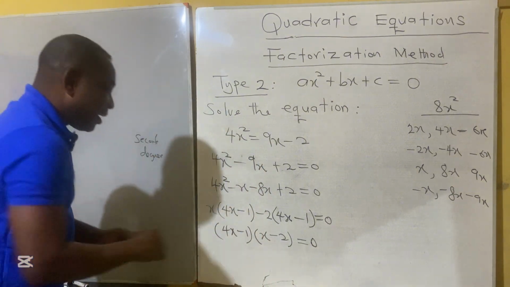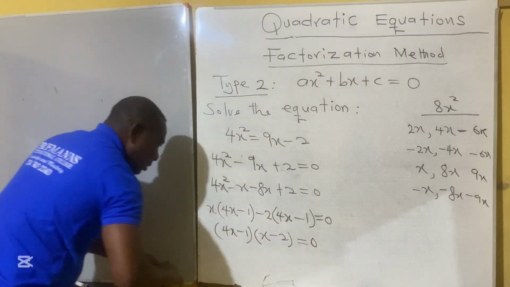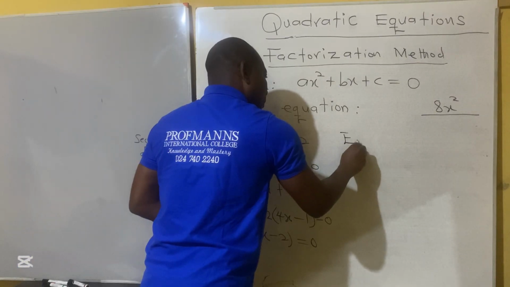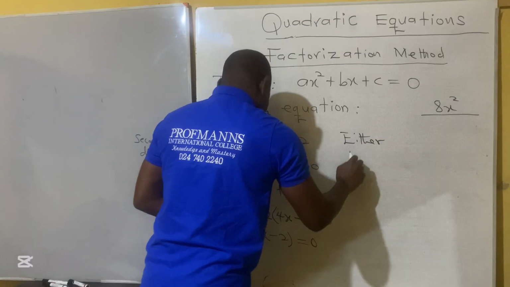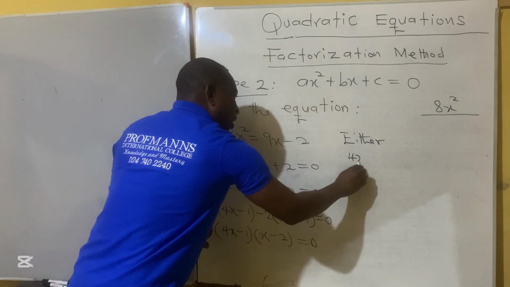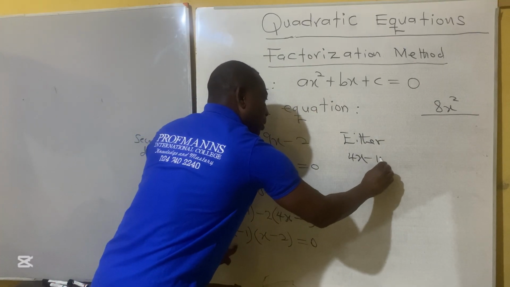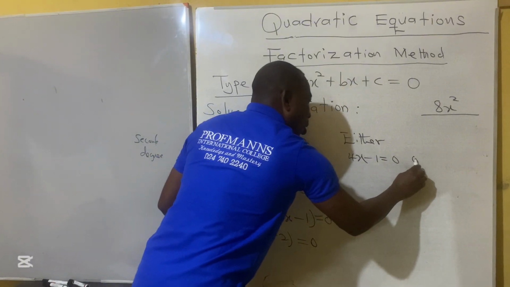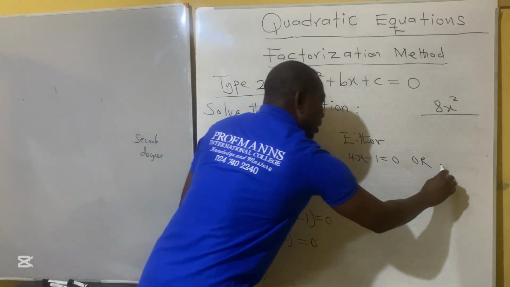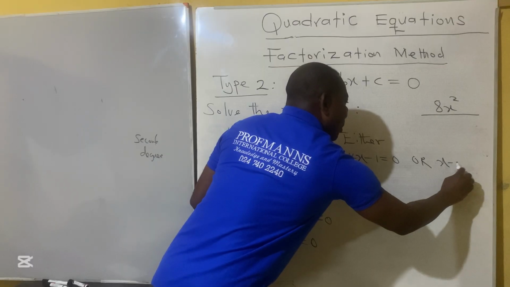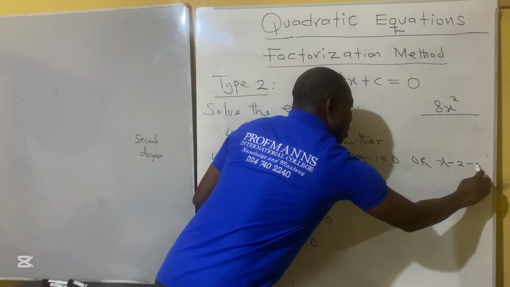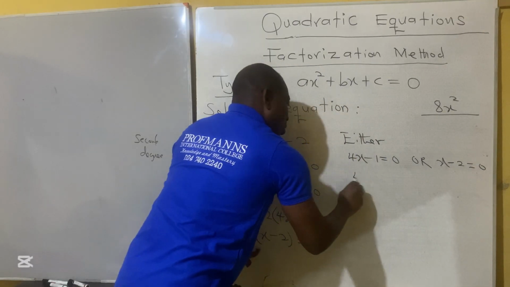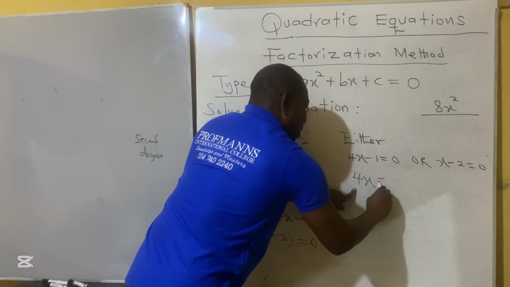Now, we are multiplying this and getting 0. So again, we say that either 4x minus 1 is equal to 0, or x minus 2 is equal to 0. 4x, this crosses, we get is equal to 1.